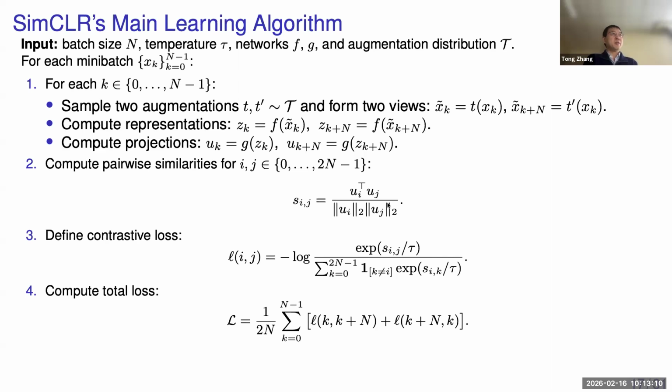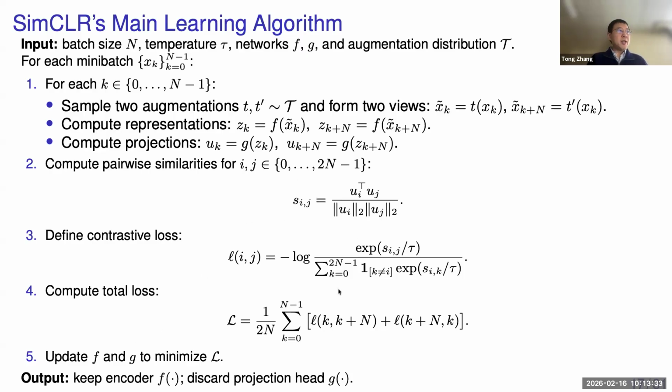In the representation space, they are close to each other in cosine angle, while they are not close to each other for the other images or other transformations from the other images. Eventually you update F and G simultaneously in your training. In the end, you just discard G.